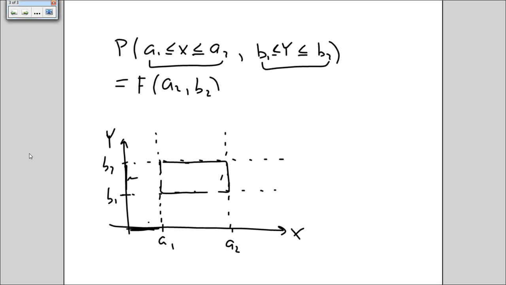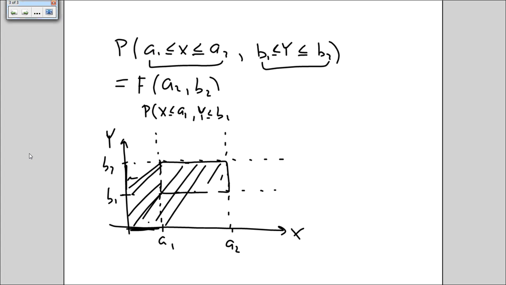F of A2, B2. That is the probability that X is less than A2 and Y is less than B2. Well, that's all of this area. Let's forget about when it's negative.